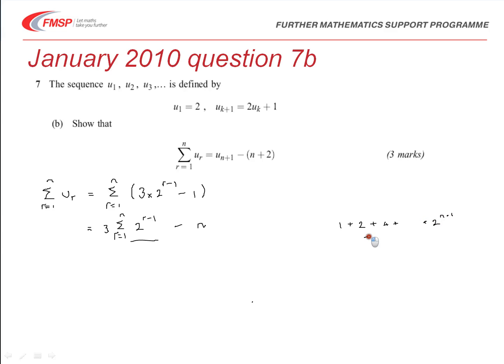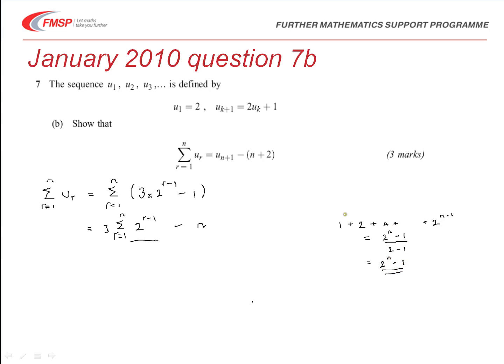Okay, now that GP, we should know that the sum of it is 1 minus r on the bottom, or r minus 1 since r is bigger than 1. So we get 2 minus 1, and on the top this is going to become 2 to the n minus 1, and so we just end up with this being equal to 2 to the n minus 1.